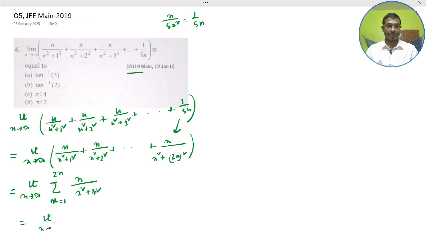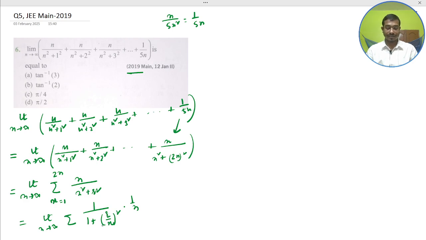So limit n tends to infinity, summation. This formula should be 1 by (1 plus (r by n) square). We discussed this formula in the sequence and series chapter from class 11.